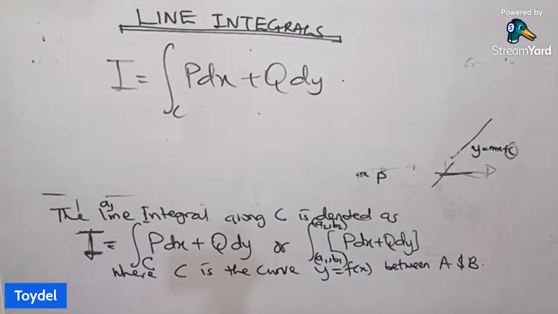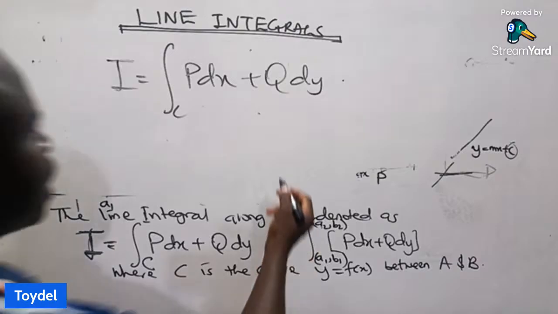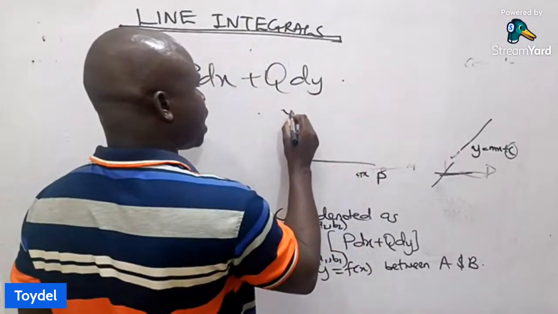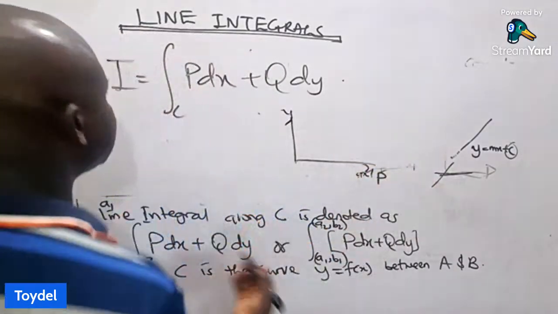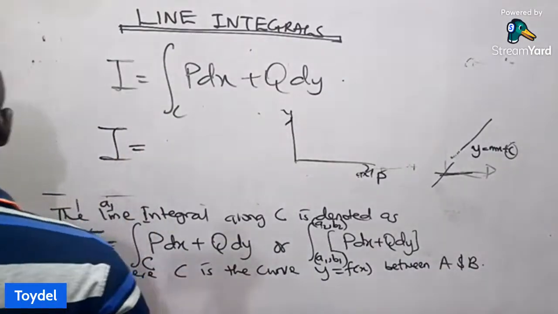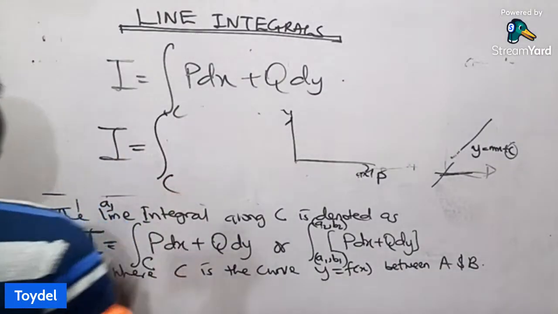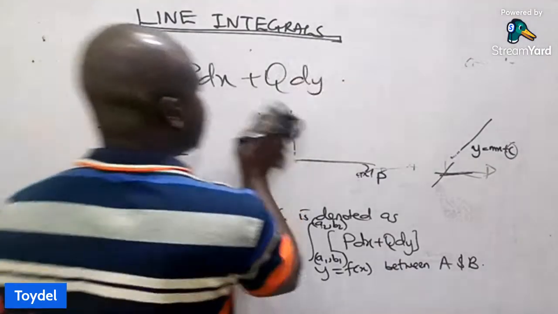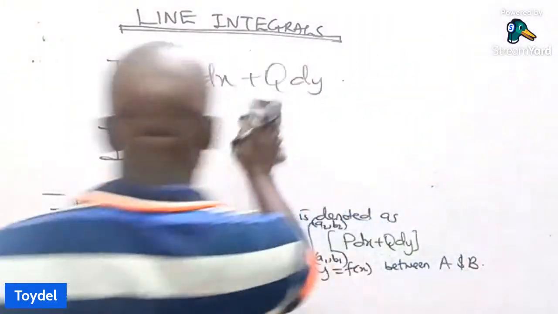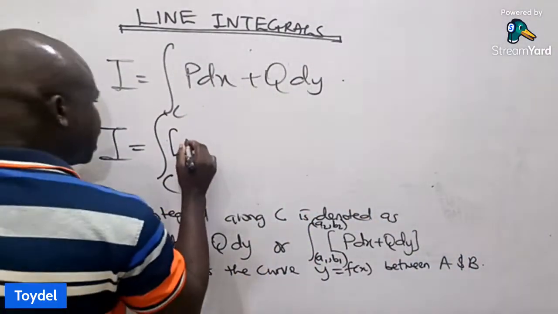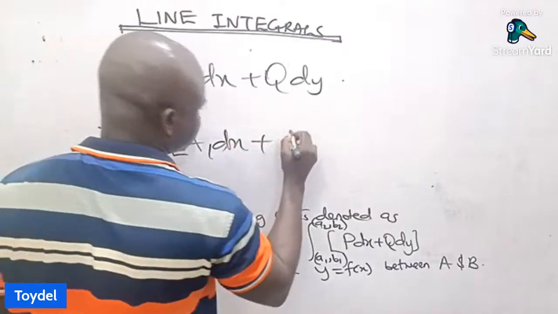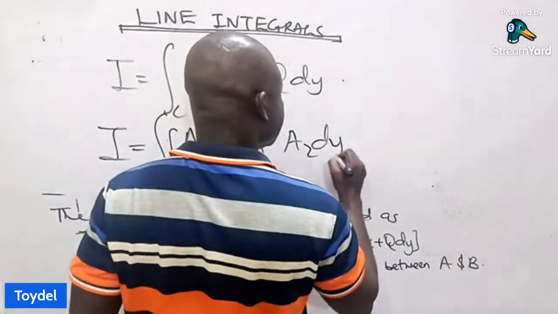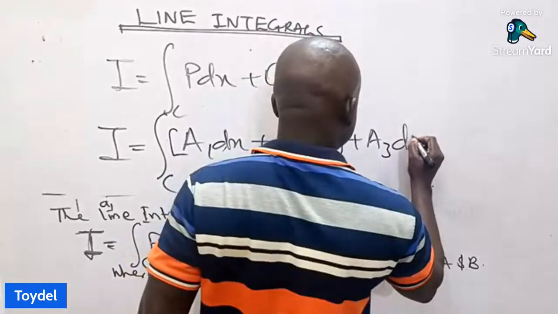Then what if the line integral is along a curve in three-dimensional space? The diagram we have here is just two-dimensional, y and x. What we have now is x, y, z, three-dimensional. When we have three dimensions, the line integral by formula will be given as the integral along C of a1 dx plus a2 dy plus a3 dz.